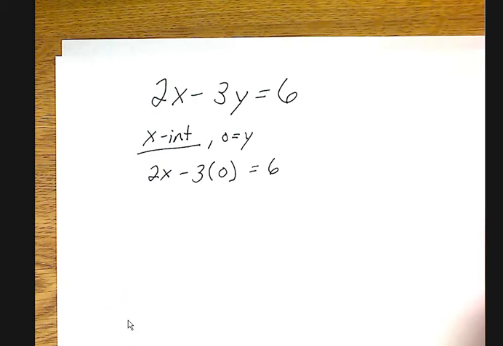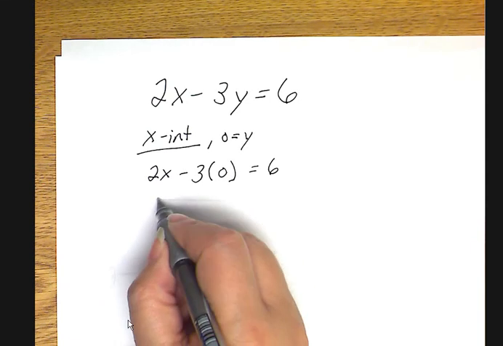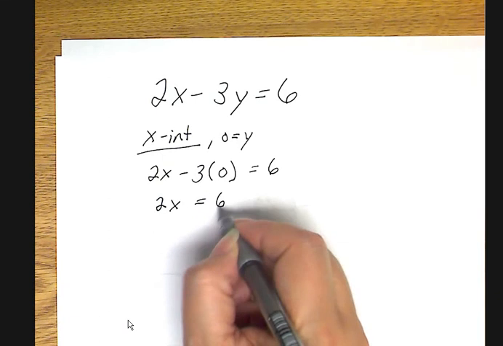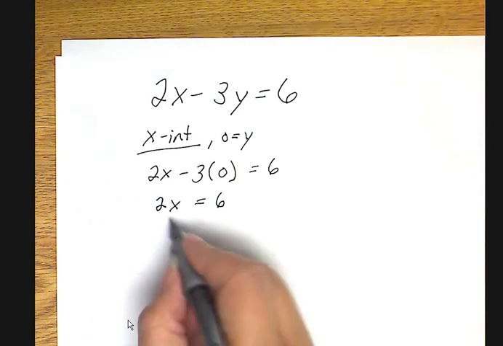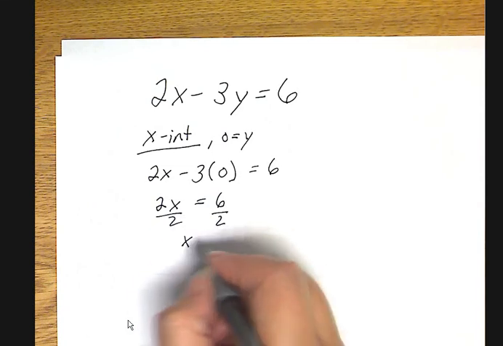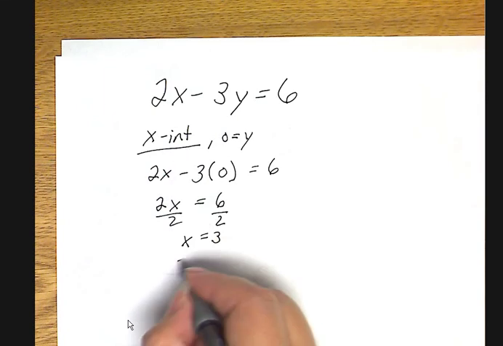You should be able to look at that and say, I know what x is. It is 3. If you can't, it's okay. We'll do one more step. 2x is equal to 6. At this point, hopefully you can see that x is 3. If not, divide by your 2. And then clearly we can see that it is 3. So our first one is 3, comma 0.